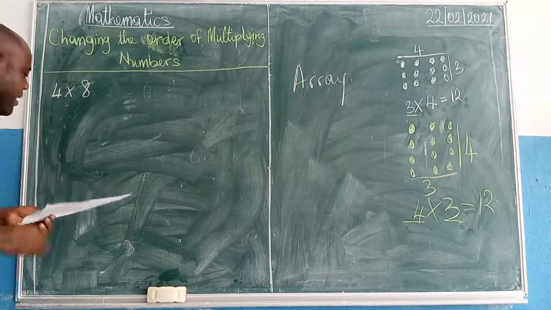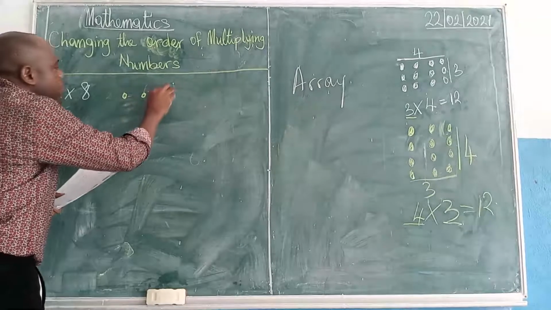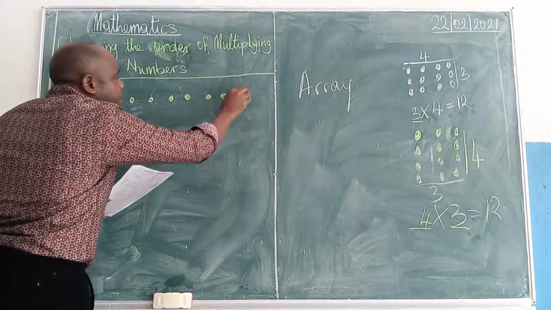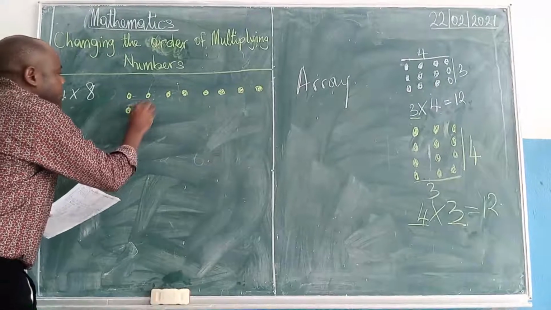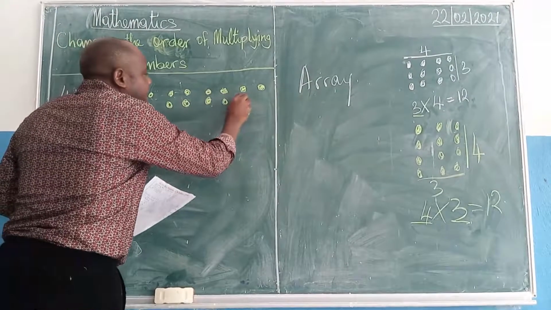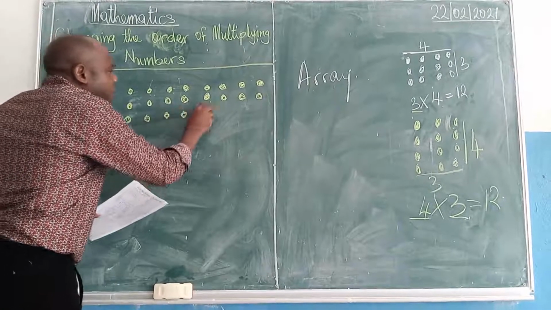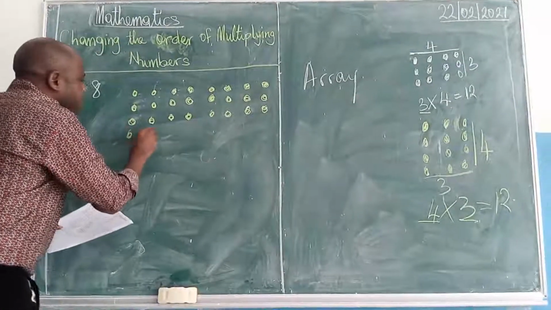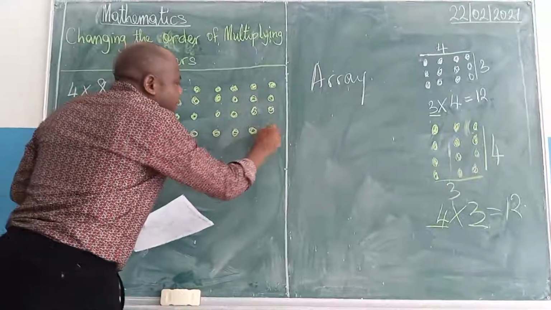If we want to use the array method, it will be 1, 2, 3, 4, 5, 6, 7, and 8, repeated for each of the 4 rows.